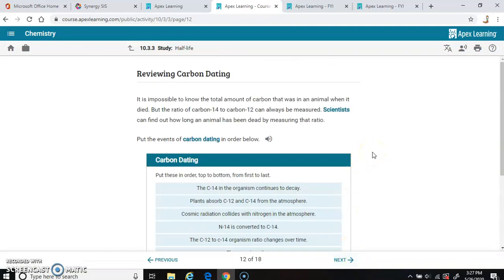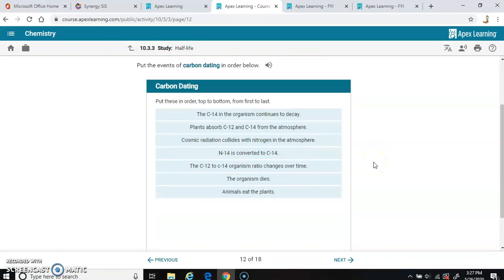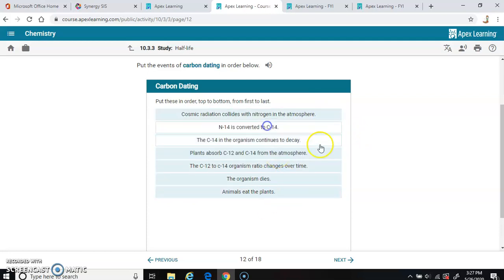So they're going to have us pick the order of the events of carbon dating. The first thing that happens is that we have cosmic radiation in the atmosphere colliding with nitrogen in the atmosphere. Then this nitrogen-14 is converted to carbon-14. Then plants absorb this from the atmosphere.